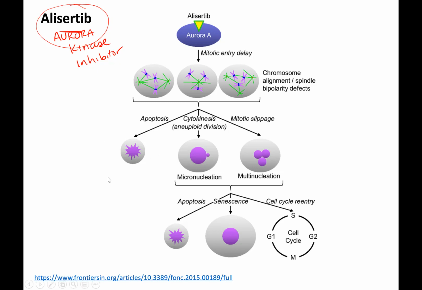They're going to talk about that. You can get apoptosis. You can get aneuploidy, where you don't have the right numbers of chromosomes, multiple nuclei, so the cell's not dividing, right? No cytokinesis, but it keeps copying its DNA. Senescence means the cell's stopping division. And sometimes you can get reentry into cell cycle. So this has a lot of cell cycle information, and I want you to remember about DNA replication in cell cycle.